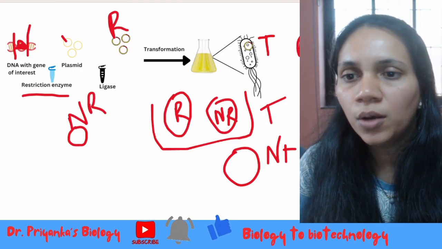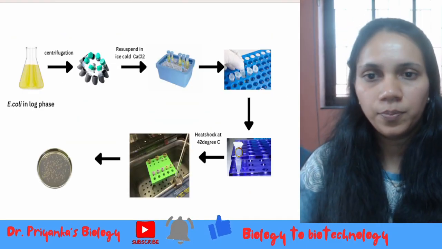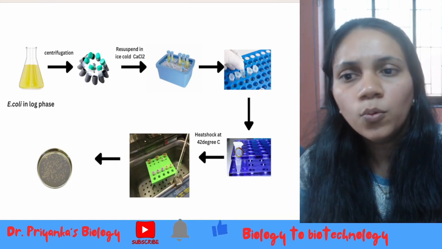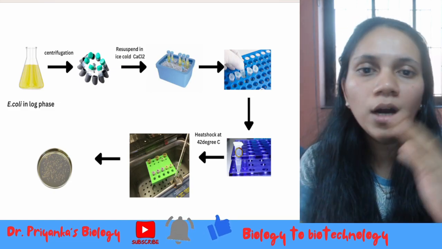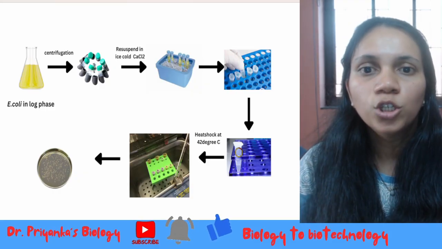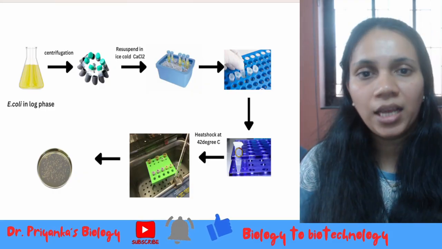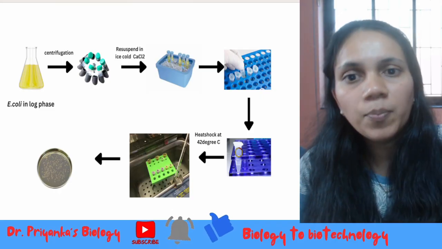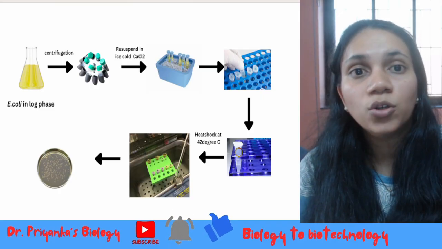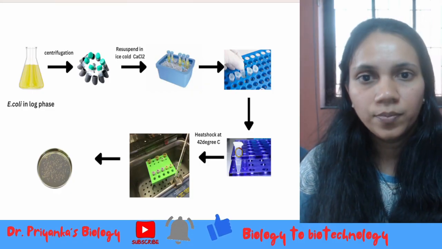Okay, so now let us go to the next part. Let us try to understand this now. First of all, to undergo transformation, your bacterial cell should be able to take up that DNA. Okay, and this ability of a bacterial cell to take up foreign DNA is called competence.